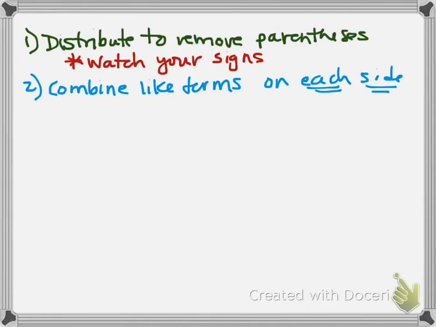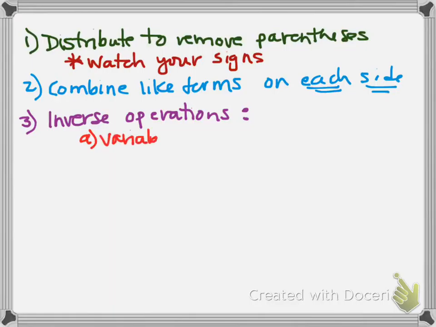Then what did we start doing? Inverse operations. Okay, so then we would do inverse operations. And this is our goal. Let's see, variables on the left. And constants on the right.